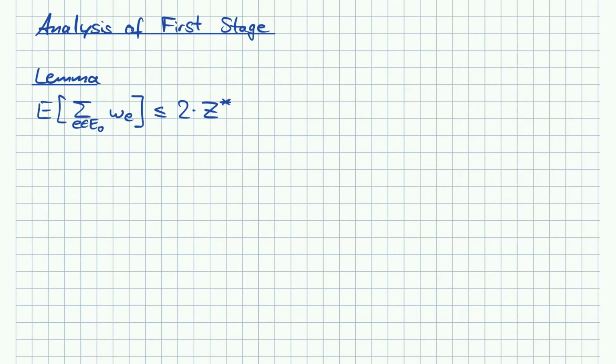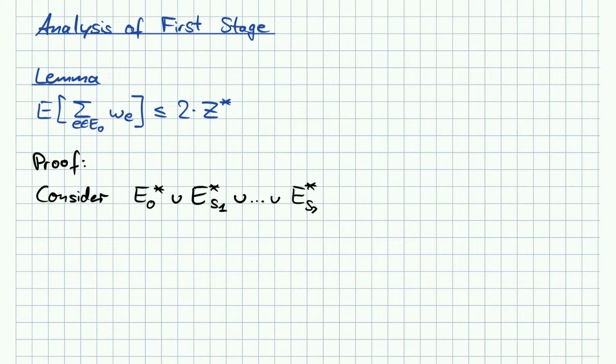And why is this true? This is actually pretty simple to see, if you find the correct notation. Well, consider E star 0 union E star S1 union and so on union E star S lambda. What does this mean?